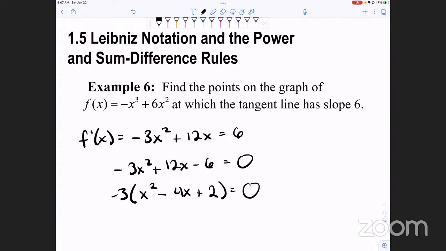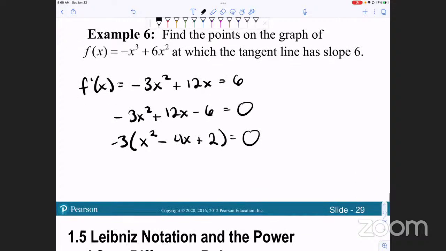We could try either the quadratic formula or completing the square. I don't think it factors, so let's use the quadratic formula.